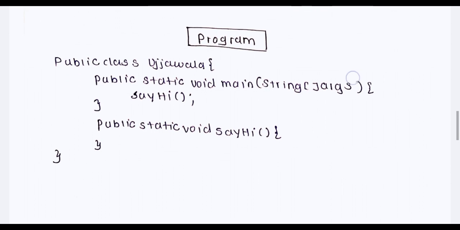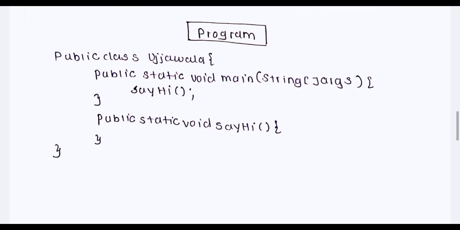Now I have given here a small program for your introduction, that is public class. I have given the class name as myself, Ujjwala, and then public static void main. It is a public access specifier we have used here for the void method, and say hi. We have taken public static void say hi. You get it?